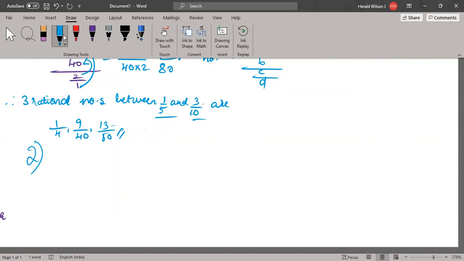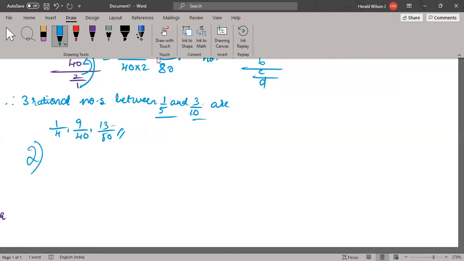Then you can take 3 by 10 plus the new rational number by 2. Or you can do it vice versa also, and that's how you will proceed with the further rational numbers. Or you can take 13 by 80 and 9 by 40 also, 9 by 40 plus 1 by 4 also. There are so many variations, guys. It depends on you.